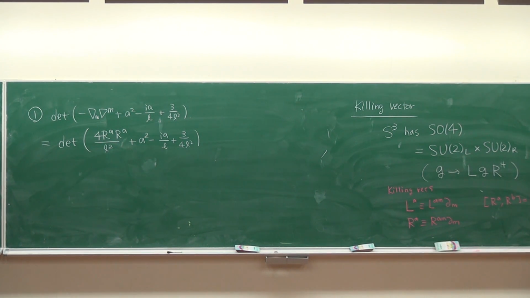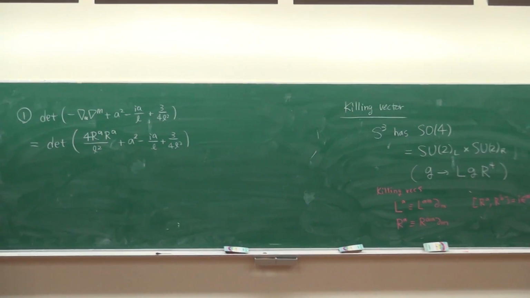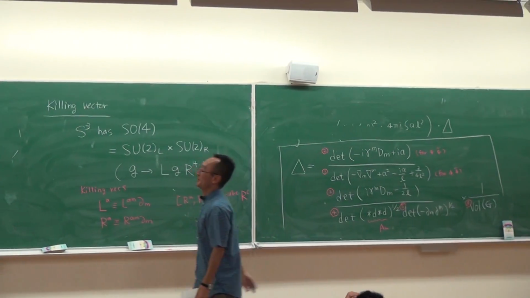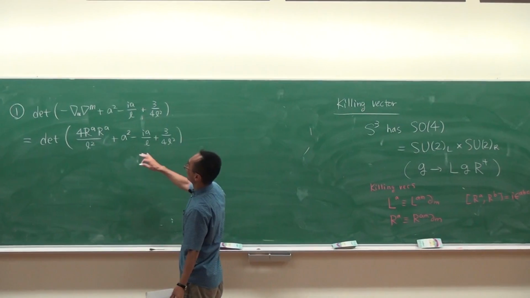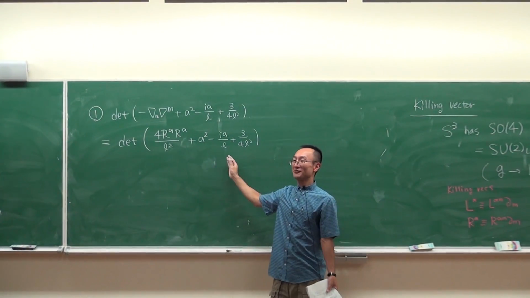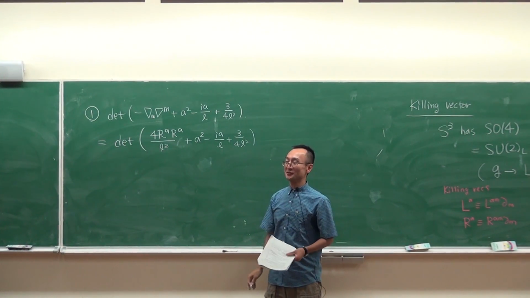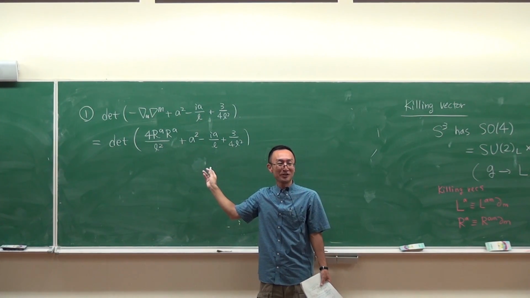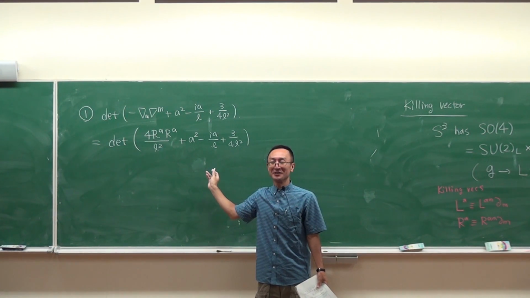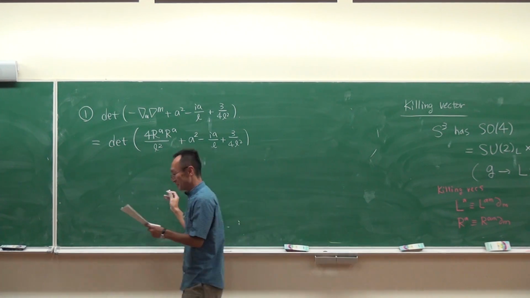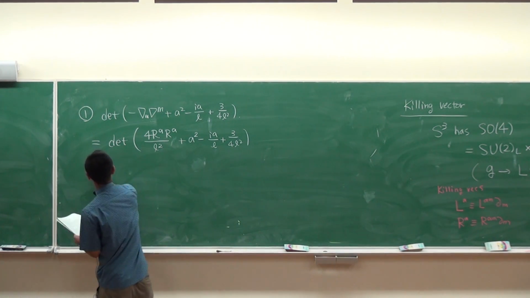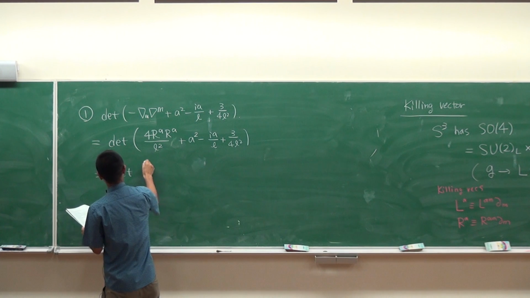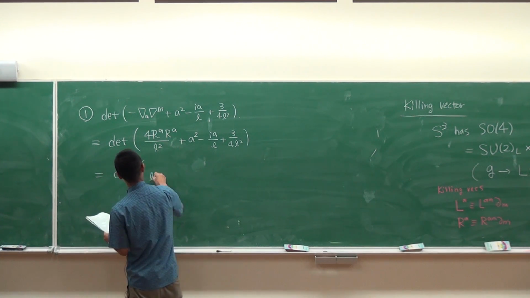It looked very complicated. We have to solve the differential equation, but now we found out that this wave operator can be rewritten in terms of the SU(2) generator. So this is simply the Casimir of SU(2). You know what the eigenvalues of this operator are. So very easy.